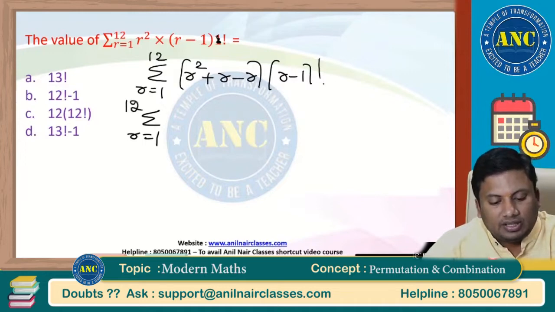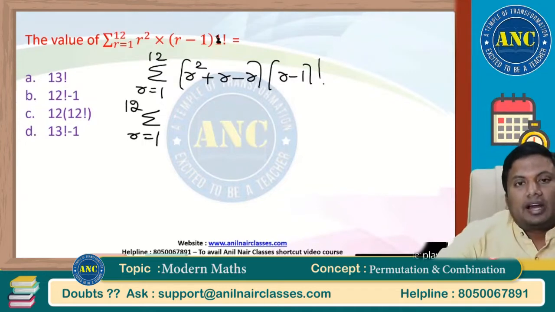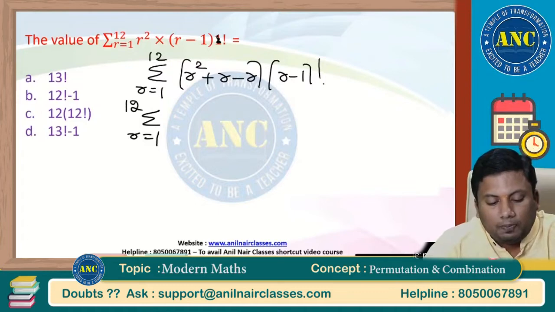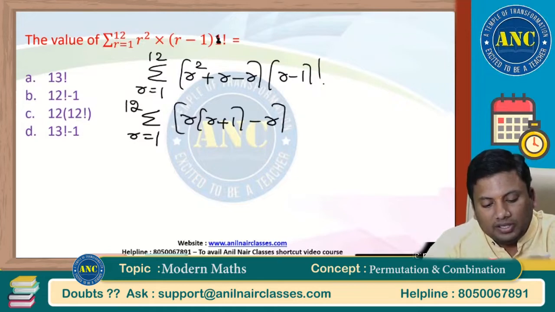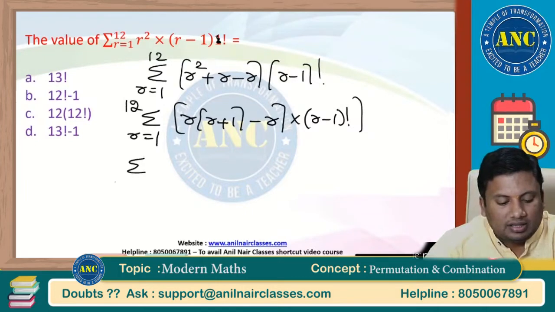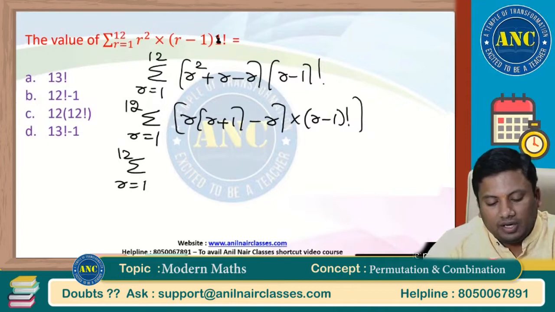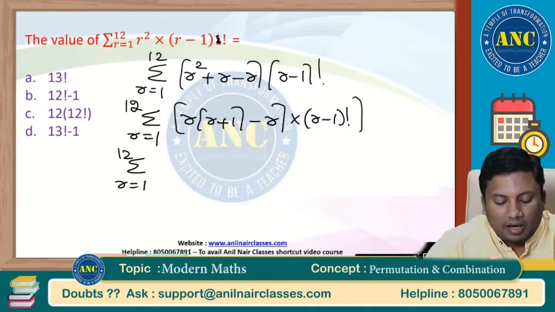The biggest role of my classes is to make you supremely confident by telling you that all that we have discussed in the class applies. So, r into (r plus 1) minus r, into r minus 1 factorial. This is nothing but summation r equivalent to 1 to 12 of (r plus 1) into r minus 1 factorial.